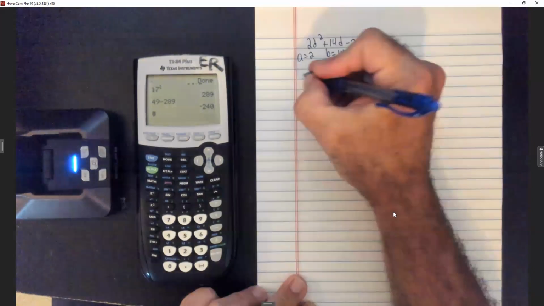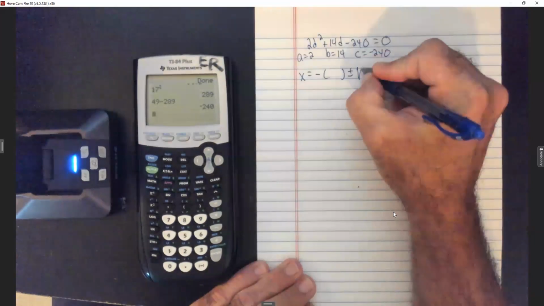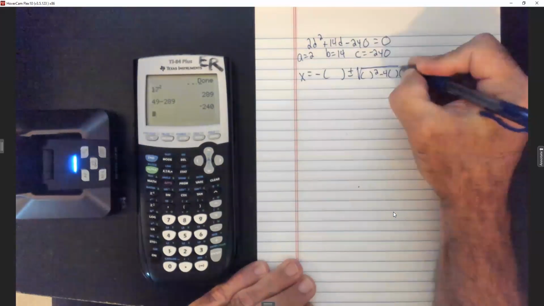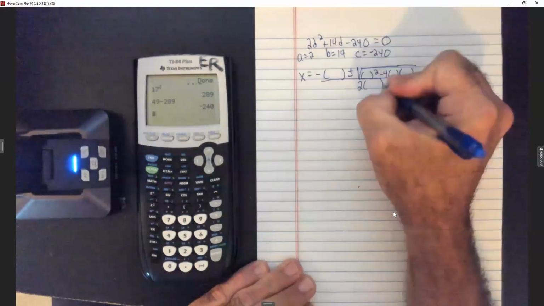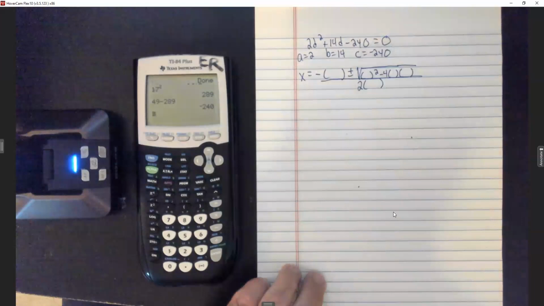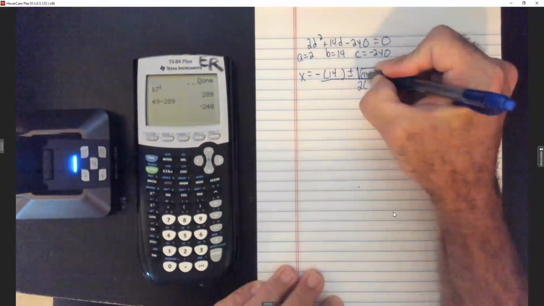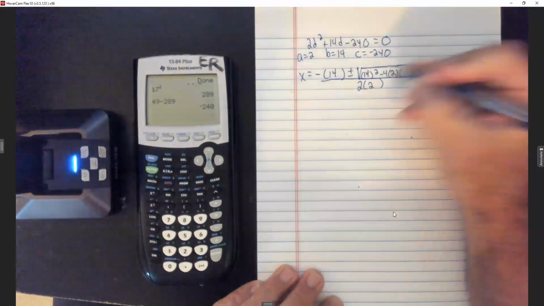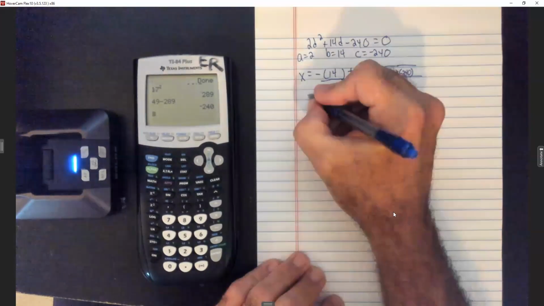X equals negative B plus or minus the square root of B squared minus 4 times A times C, all over 2 times A. B was 14, so I'll put that there and there. A was 2, I'll put that there and there. And C was negative 240.